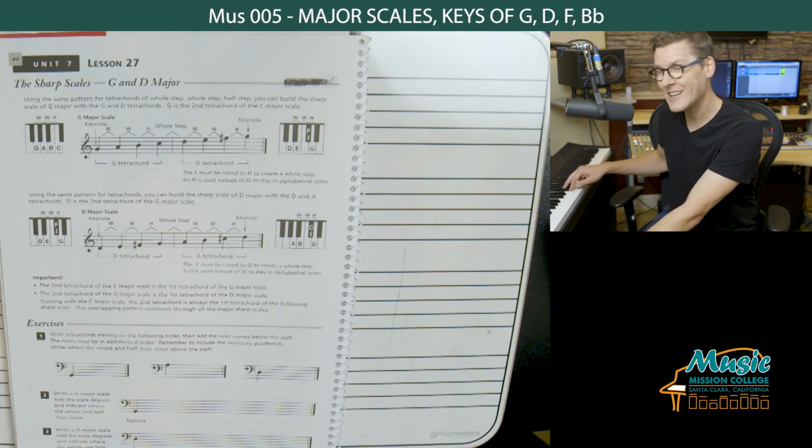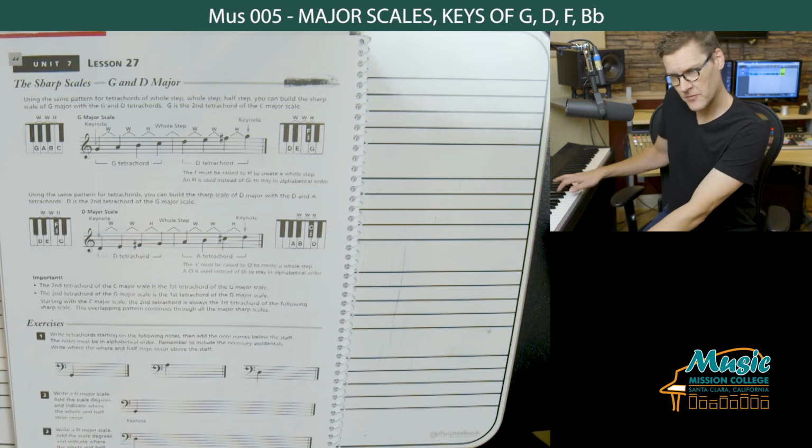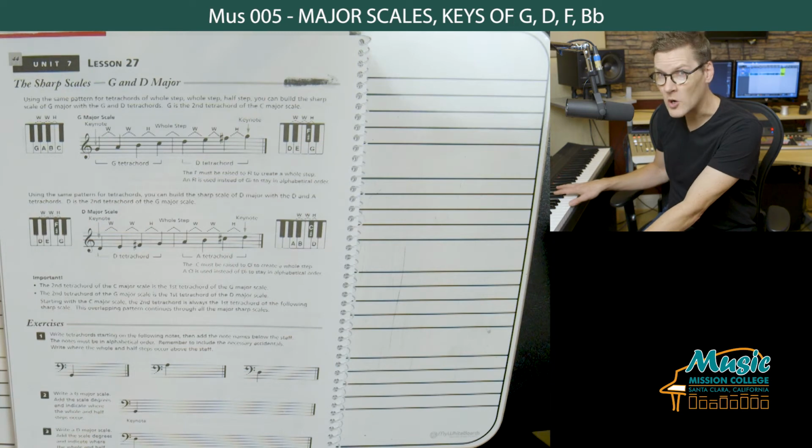I had to make the F into an F sharp in order to maintain that pattern of whole, whole, half, whole, whole, whole, half. So I must play an F sharp in order to create a G scale, a G major scale. So because it's using a sharp note, we're calling it a sharp key.